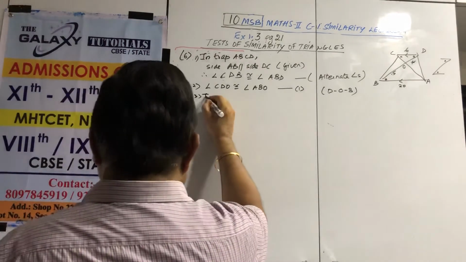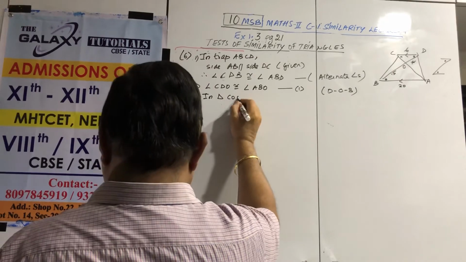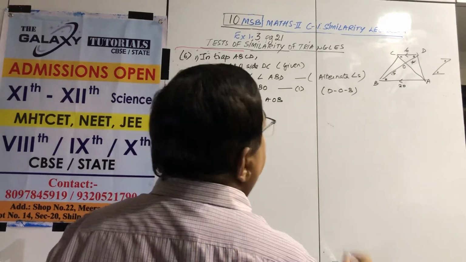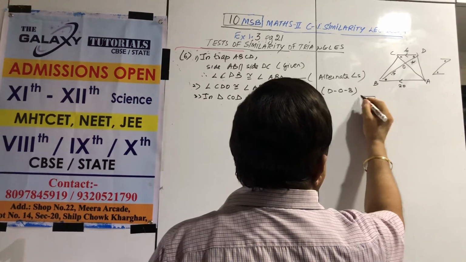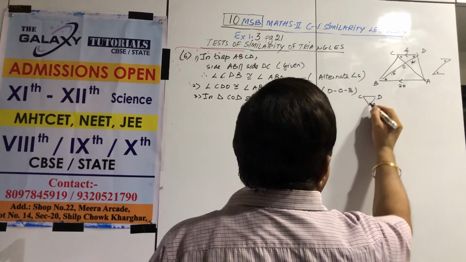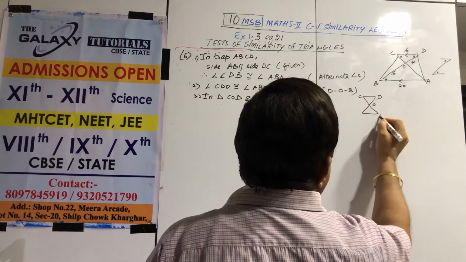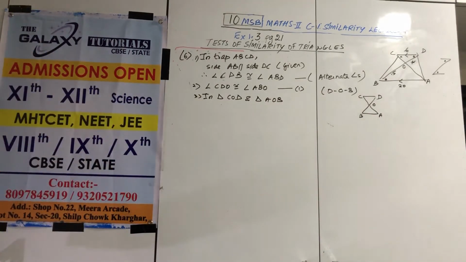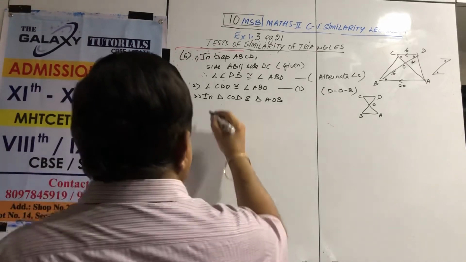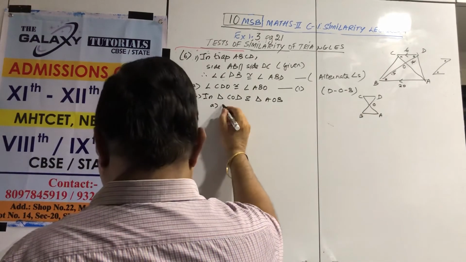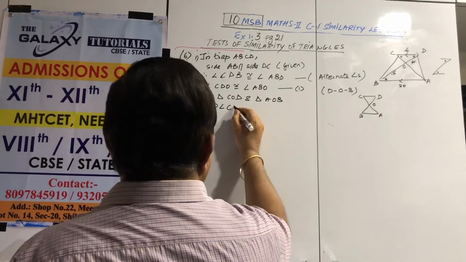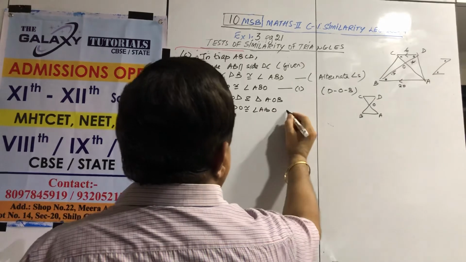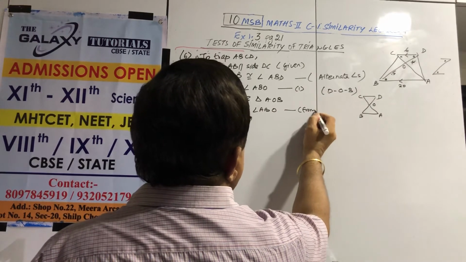Third, in triangle COD and triangle AOB. First, angle CDO is congruent to angle ABO from 1. We have proved here.